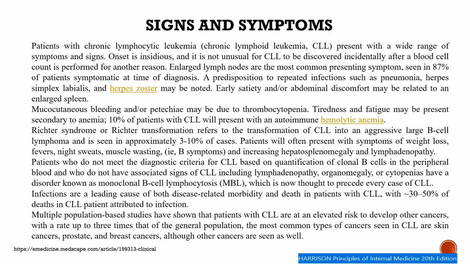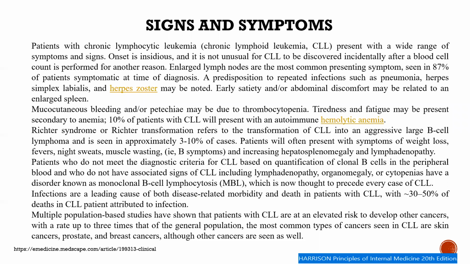Patients with chronic lymphocytic leukemia present with a wide range of symptoms and signs. Onset is insidious, and it's not unusual to be discovered incidentally after a blood count is performed for another reason. Enlarged lymph nodes are the most common presenting symptom, seen in up to 90% of patients symptomatic at the time of diagnosis.